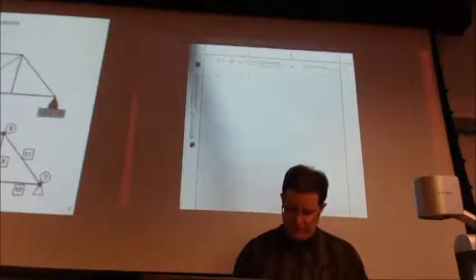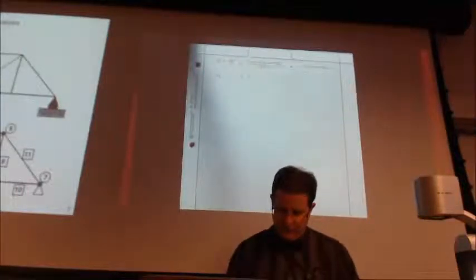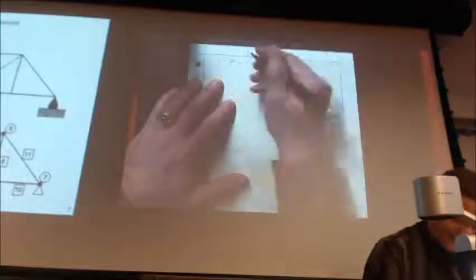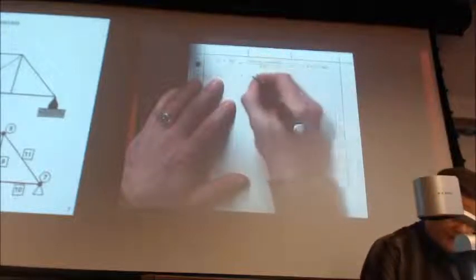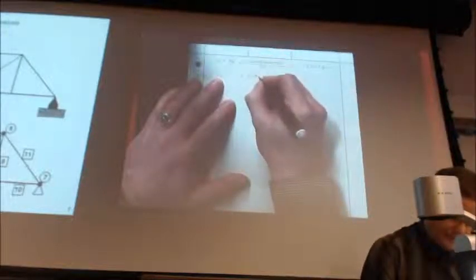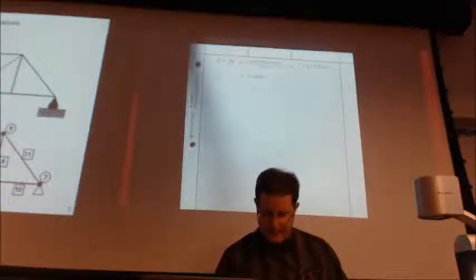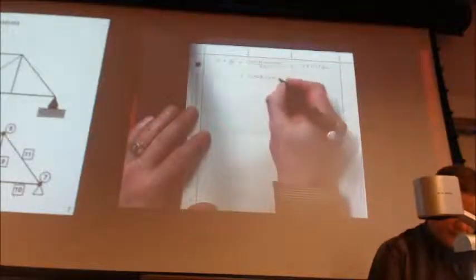So what's my area for the second element? Oh, whoops. I think I did it backwards. This should be 1.5. This is 1. What's my material? 1 and 2 are aluminum. Okay, so this is 10 to the 6.